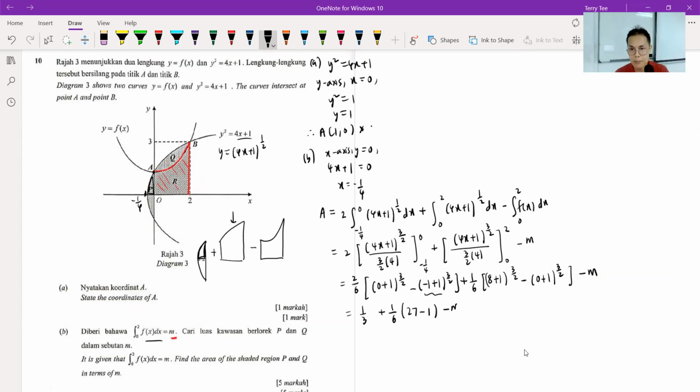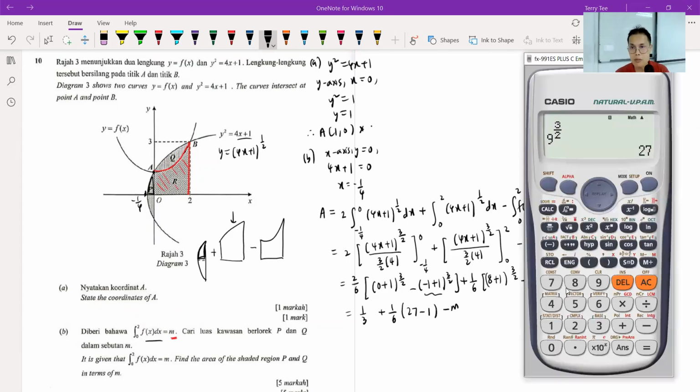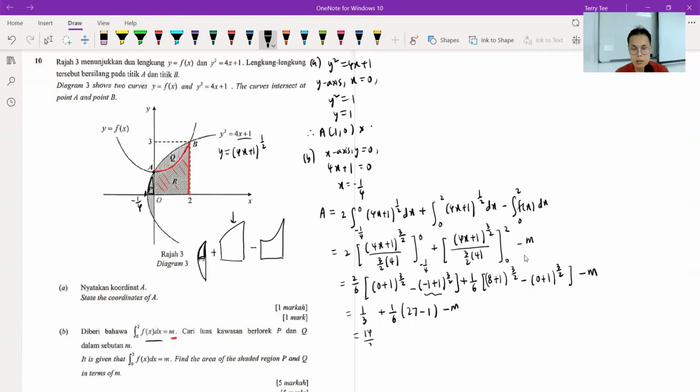Then you minus m. So this is 1 over 3, you add with 26 over 6, which is 13 over 3. So you add up, you get 14 over 3 minus m. Yeah, there you go. That's your answer for part B.